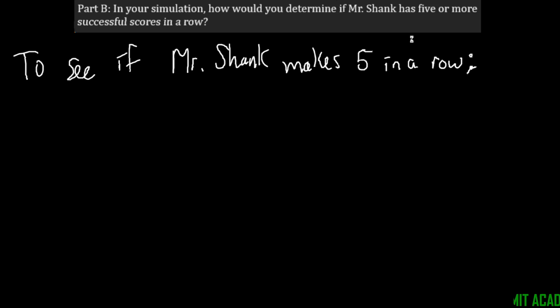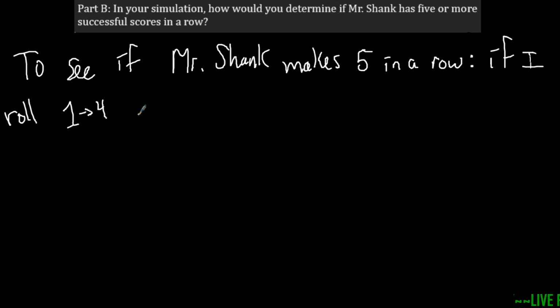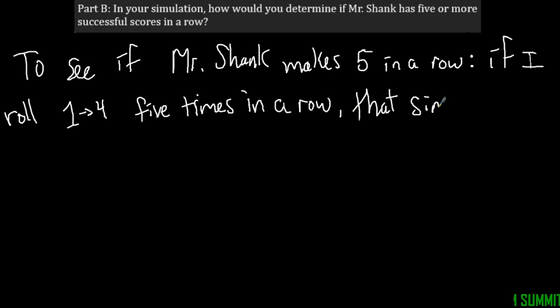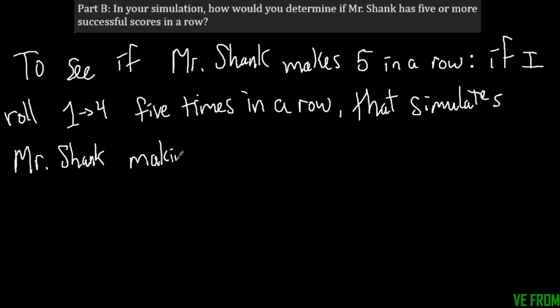we can say, if I roll 1 through 4 five times in a row, we can say that simulates Mr. Shank making 5 in a row.